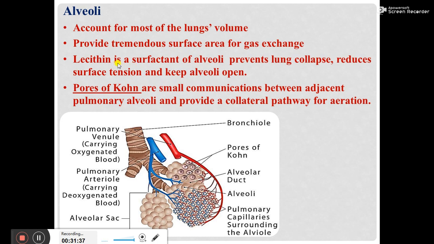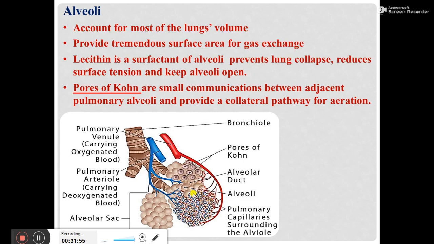Further, lecithin is a surfactant of alveoli. So there is a surfactant present in the alveoli which is called lecithin, because the alveolus is not supported by cartilage to avoid the collapse. So what is the mechanism here which prevents the collapsing?